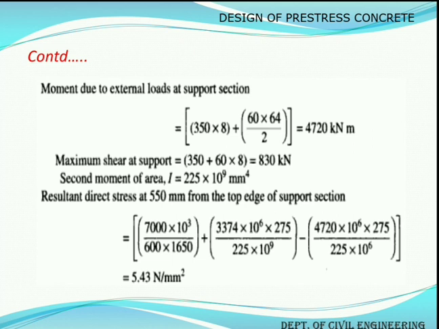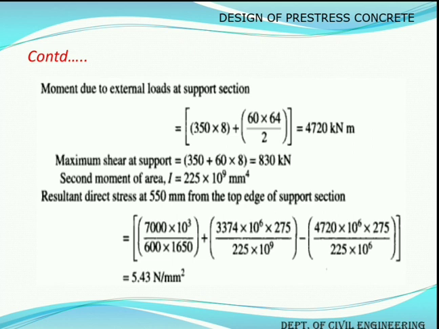Resultant direct stress f at 550 mm is equal to P by A plus P into E by I minus M into E by I. Okay, so at what distance are we calculating here? 550 mm. P is nothing but 7000 into 10 raised to 3.